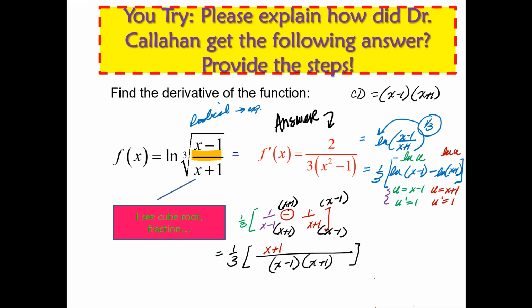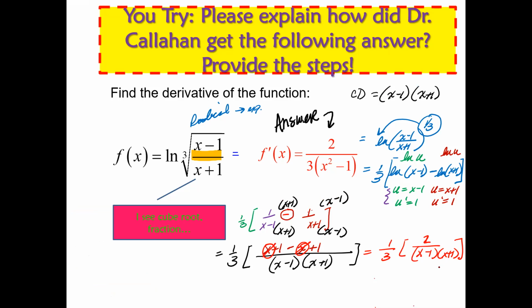But because you have a negative here, it's going to become a negative x and a positive 1. And then afterwards, you can go ahead and cancel the x's, which is going to leave you with a 1 over 3 times 1 over, actually 2, because 1 plus 1 is 2, over x minus 1 times x plus 1.